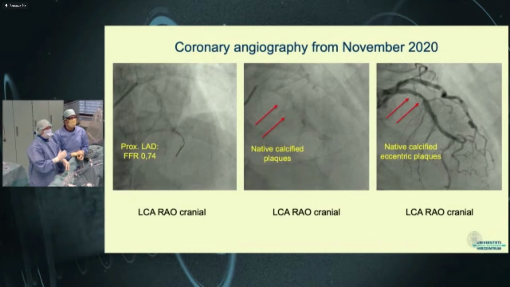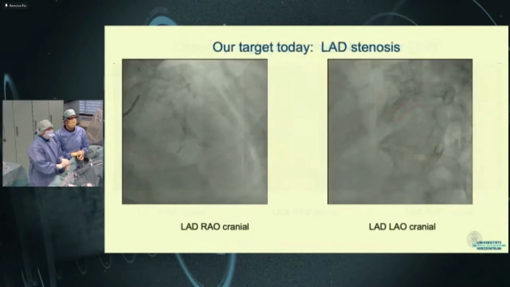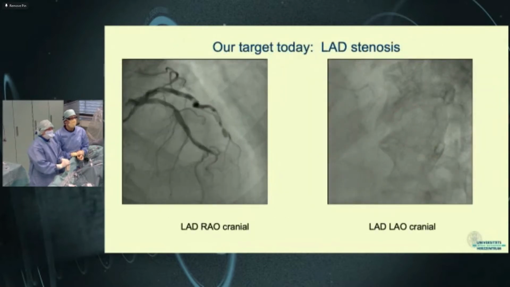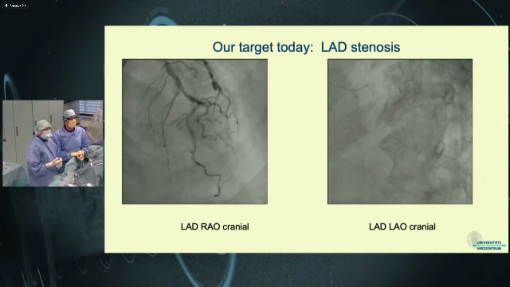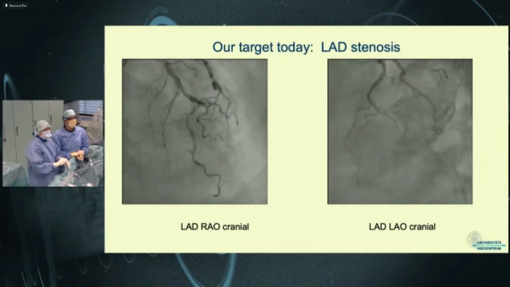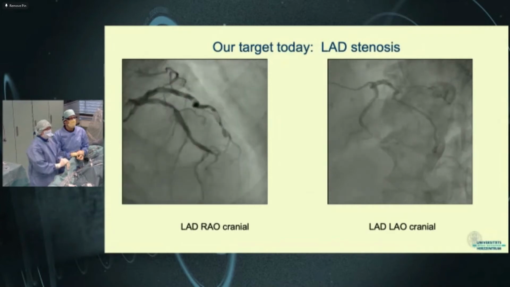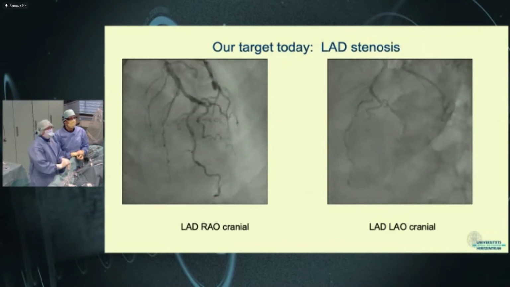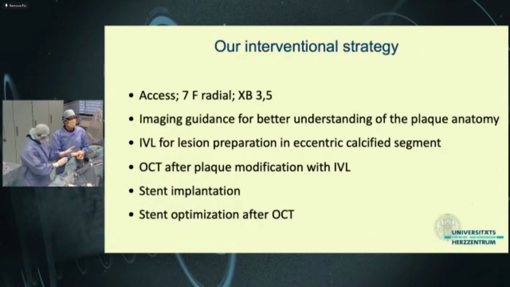Now, next slide. This is our target today, our goal today: we plan to treat this severely calcified eccentric proximal LAD stenosis. Okay, next slide. So we have 7 French access, XB 3.5, radial approach.